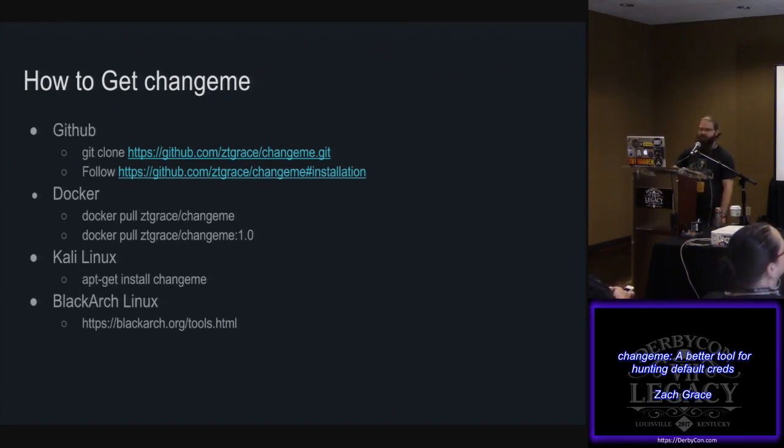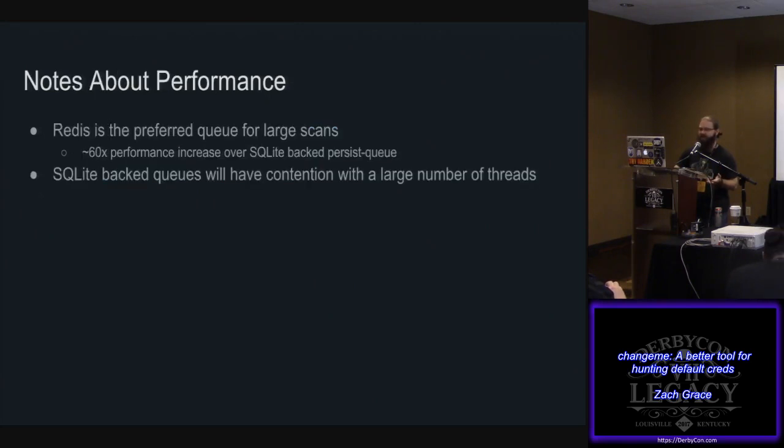One thing that we'll be doing fairly quickly is putting together a Docker Compose file, because one of the big changes in this version is that it now uses Redis as a backend, and it's way faster. A little bit of notes about performance: it does fall back to using a SQLite database on disk, which gets slow and has disk contention if you start to have too many threads.